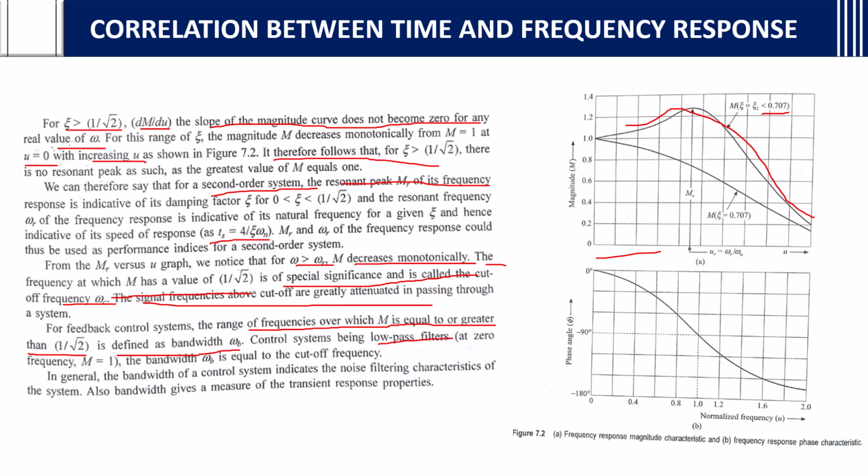Control systems being low pass filters, at 0, M equals 1, and the bandwidth WB is called the cutoff frequency. This is just the theory of how these graphs are represented. In general, the bandwidth of a control system indicates the noise filtering characteristics of the system. Also, bandwidth gives a measure of the transient response properties.